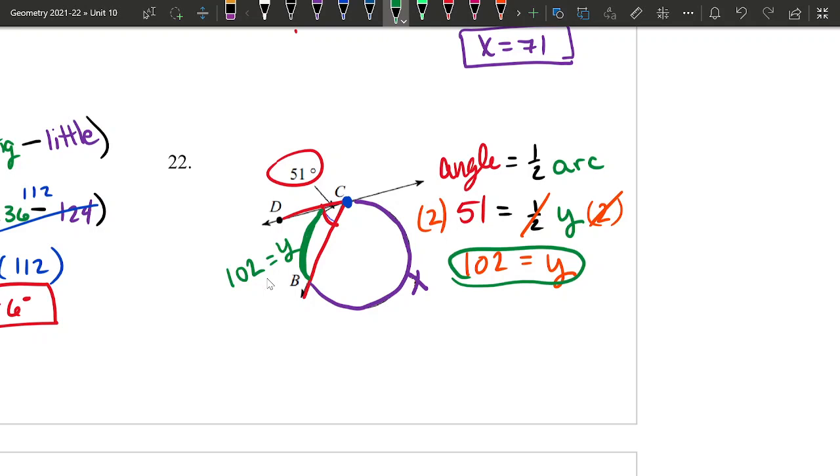But that's not what I'm being asked for. I'm being asked for the rest of the arc, not the included arc. And that's where I get to the 360. I know a circle is 360 degrees. I subtract the given piece, the 102. And what's left over is the remainder of the arc, which is 258.